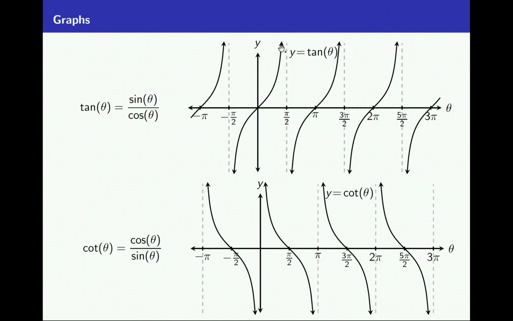If you reflected the graph of y equals tangent of theta over the x-axis, it would flip over like this, and that would be the graph of cotangent moved over pi over 2 units to the left. So in terms of shifting graphs, we get a relationship between these two functions. Cotangent of theta is equal to negative tangent of theta minus pi over 2.